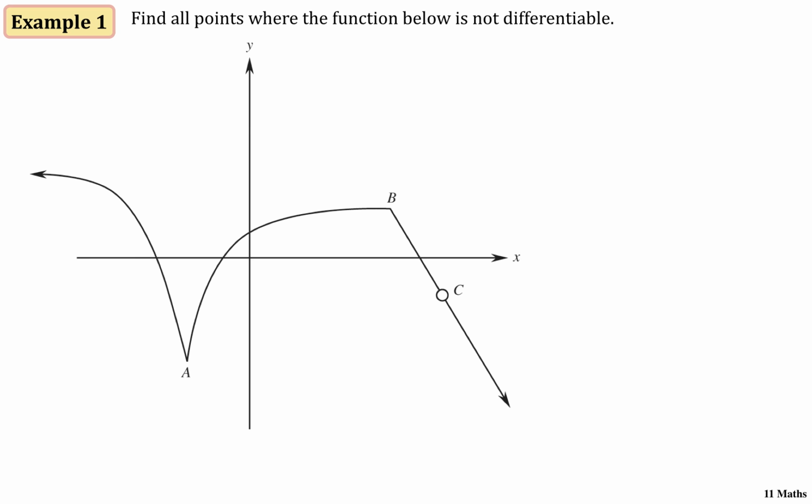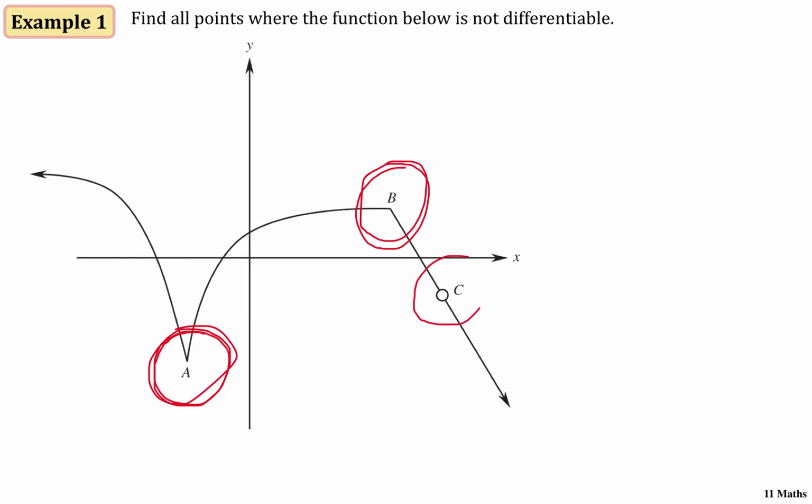So let's have a look at our examples. The first question says, find all the points where this graph below cannot be differentiated, where it is not differentiable. Well, here's our first point at point A. It's not smooth. It's got a pointed edge there. Can't differentiate when it's pointy. B, again, it's not smooth. It's got a pointy break there. Not differentiable there.